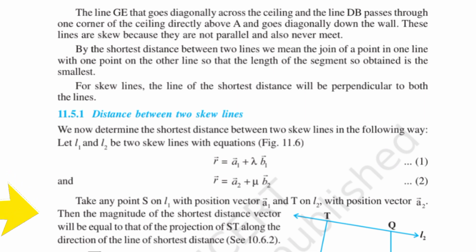of the shortest distance vector will be equal to the projection of ST along the direction of the line of shortest distance.